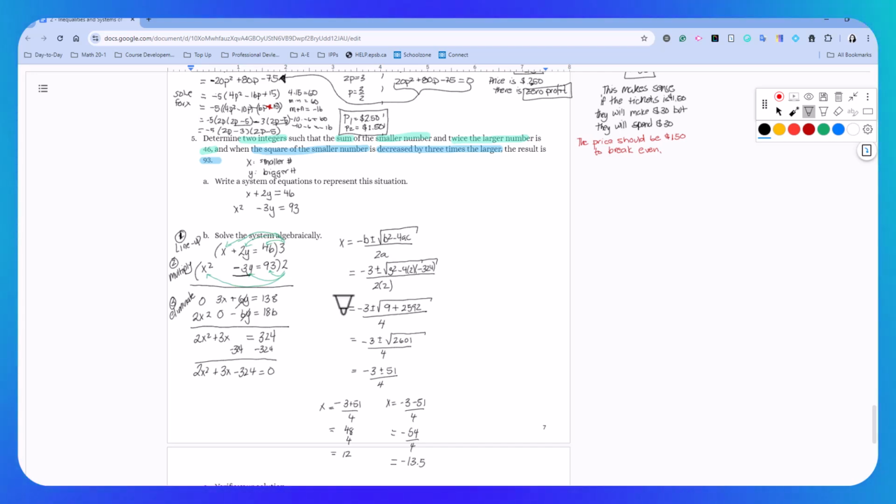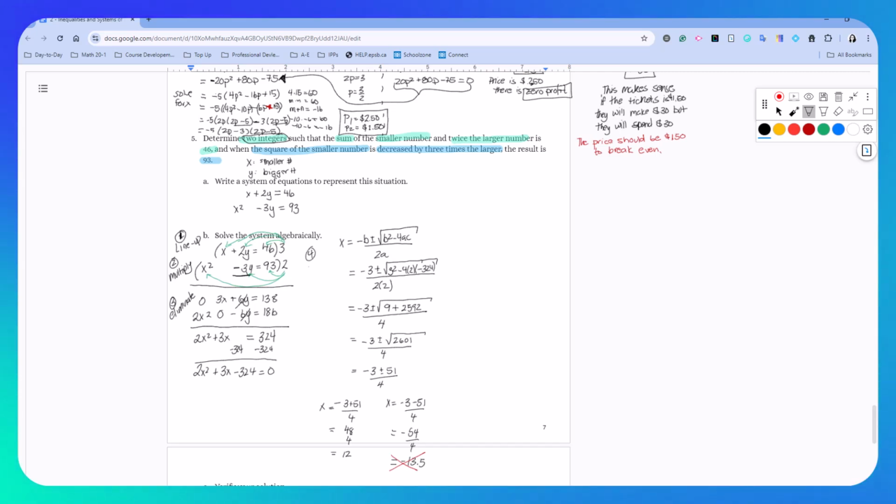Now, while it's not a repeating number, remember that these things are integers. So in a question, the context is important because sometimes that's going to eliminate some potential solution. So in this case, our x cannot equal negative 13.5.